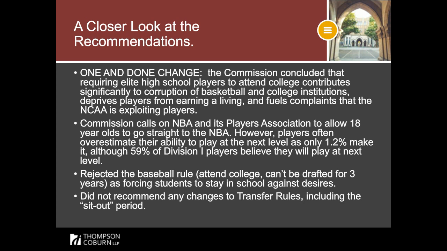The commission rejected the NCAA baseball rule, which means that once you enroll in college, you can't be drafted for 3 years. That's forcing students to stay in school against their desires. They did not recommend any changes to the transfer rules, including the sit-out period if a student decides that he wants to leave and go to play at another school.